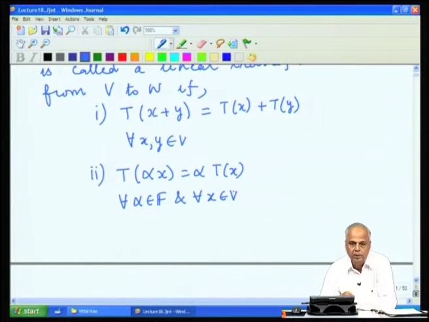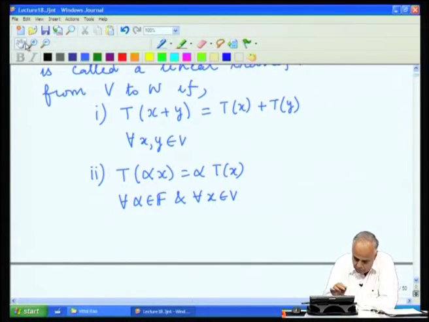So, something is a linear transformation from V to W if it is a transformation from V to W and if it preserves this algebraic structure of the vector spaces, namely the addition and scalar multiplication operations.